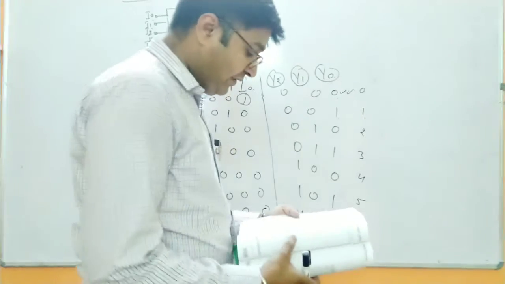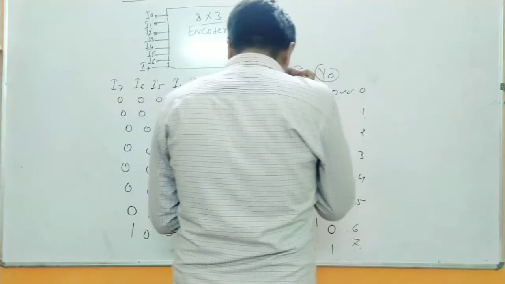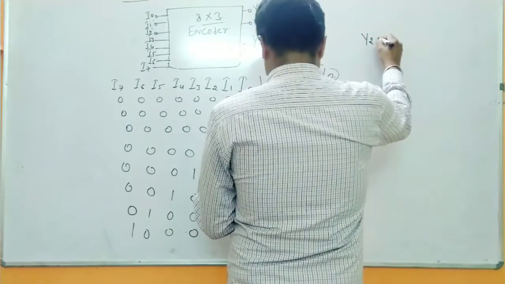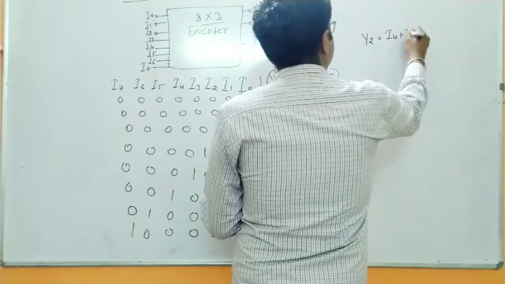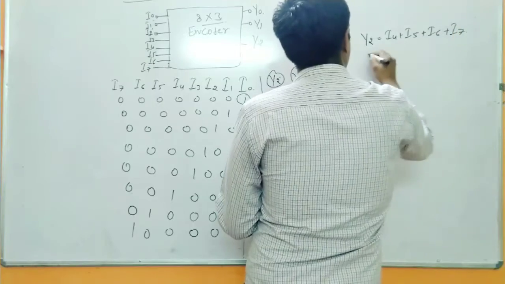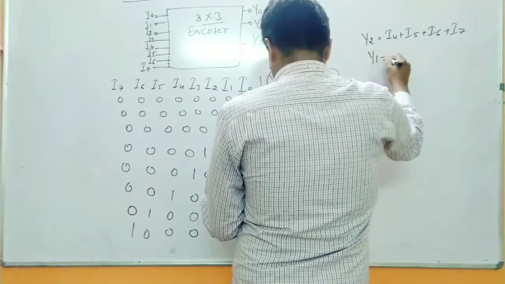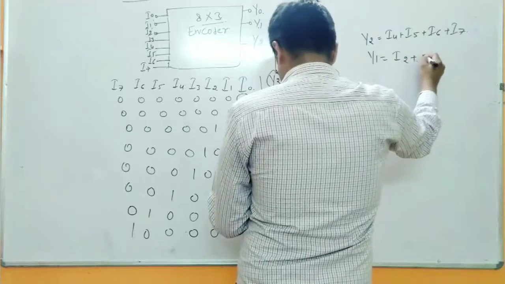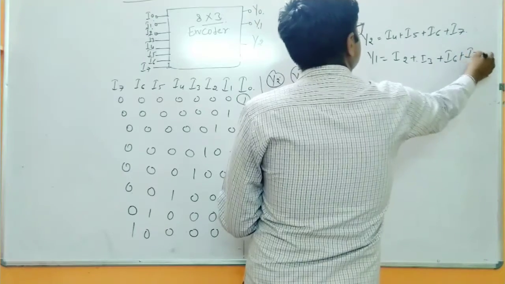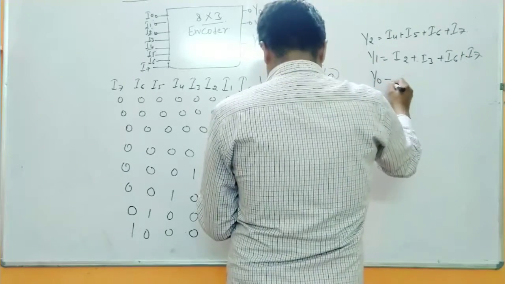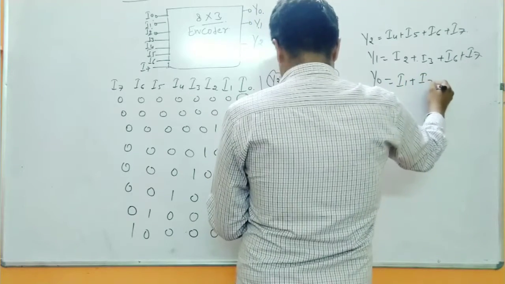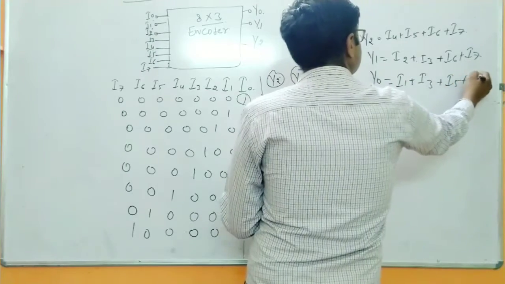To clarify this, you can say Y2 equals I4 plus I5 plus I6 plus I7. Y1 equals I2 plus I3 plus I6 plus I7, and in the same manner Y0 equals I1 plus I3 plus I5 plus I7.